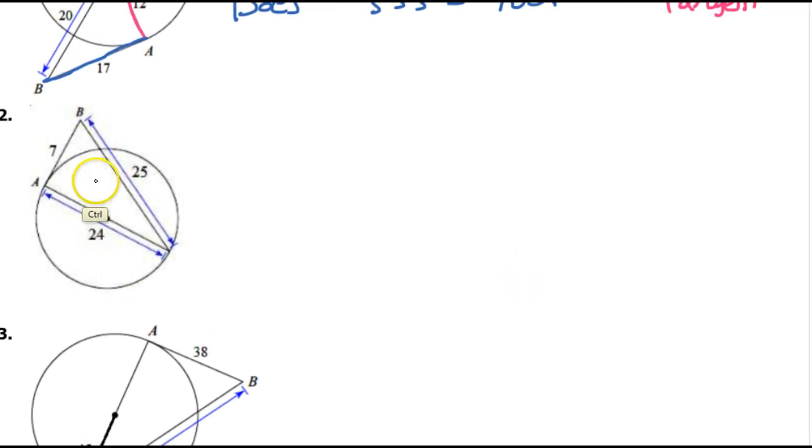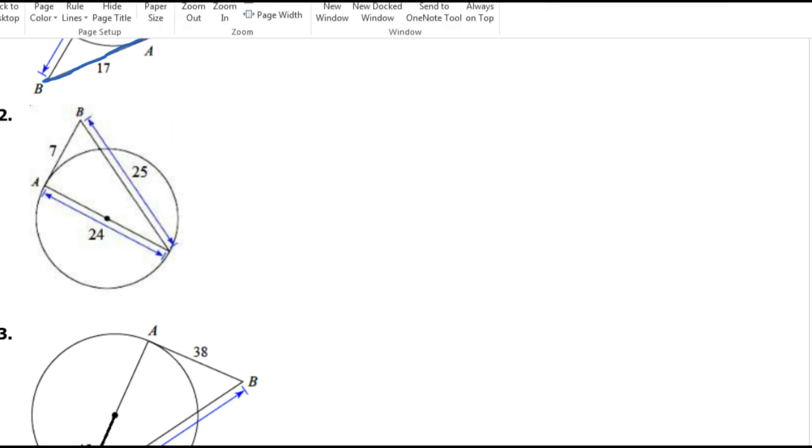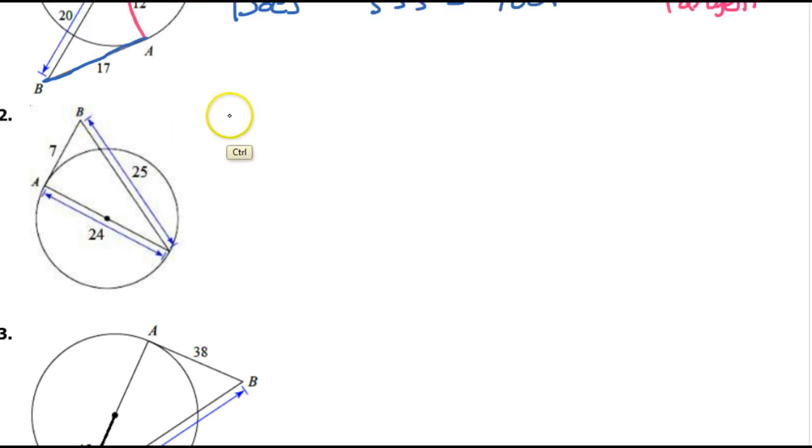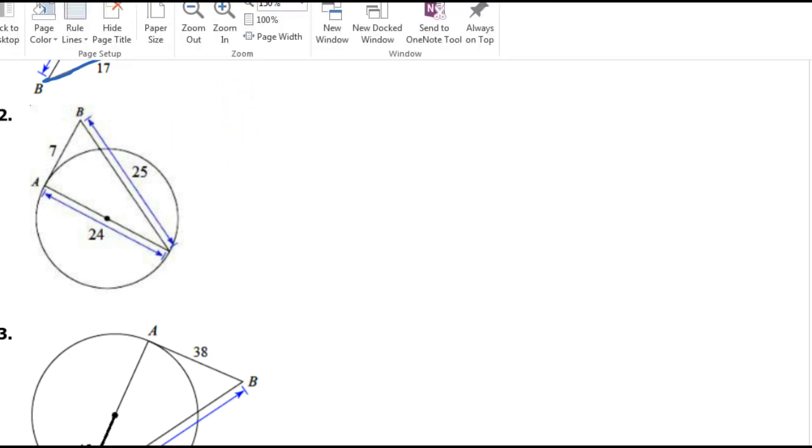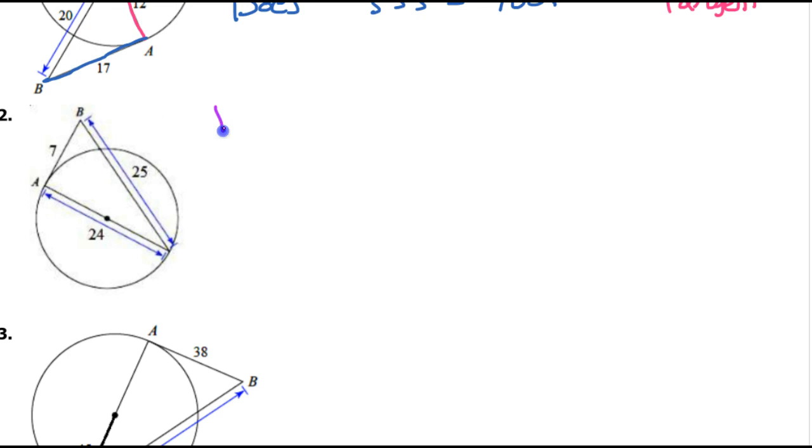All right, how about this one? Again, we can just check the Pythagorean theorem. All right, so I feel like changing colors though. So we can say, does a squared plus b squared equal c squared?